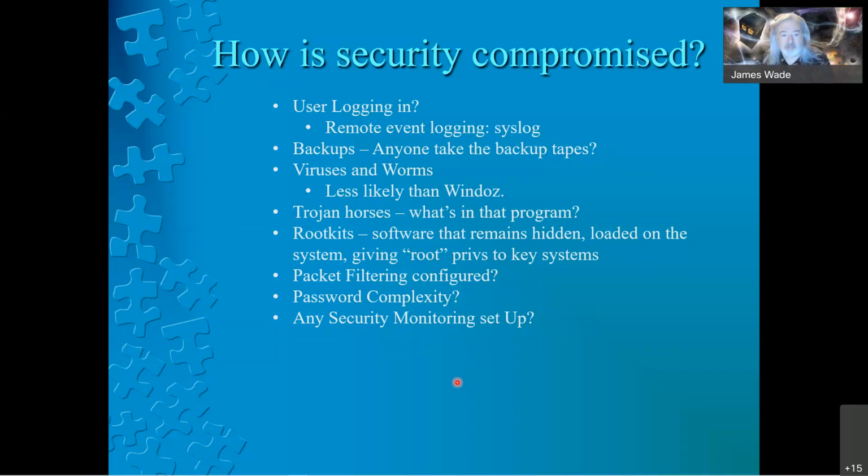Well, you can have intrusion detection and intrusion prevention systems that are monitoring the network. You can have a network intrusion detection and prevention, or you can have a host-based one, meaning you can actually have software. Yes, even on Unix, you can have intrusion detection software on the system.